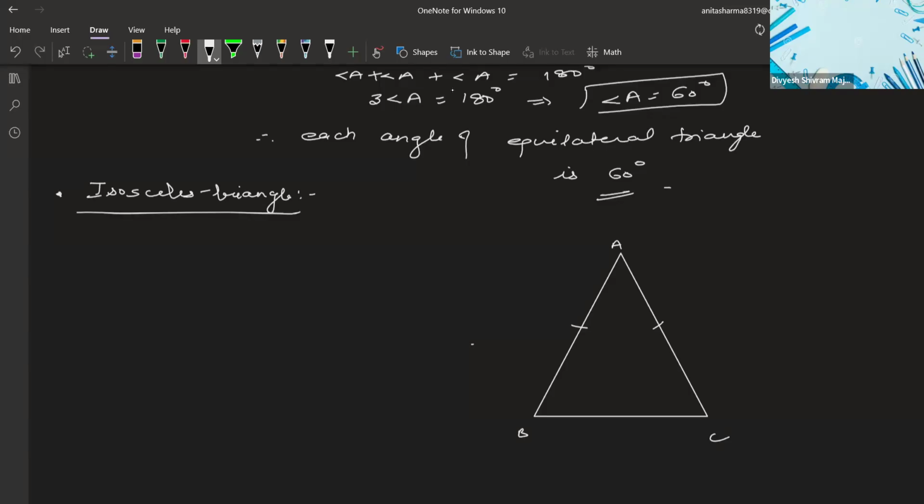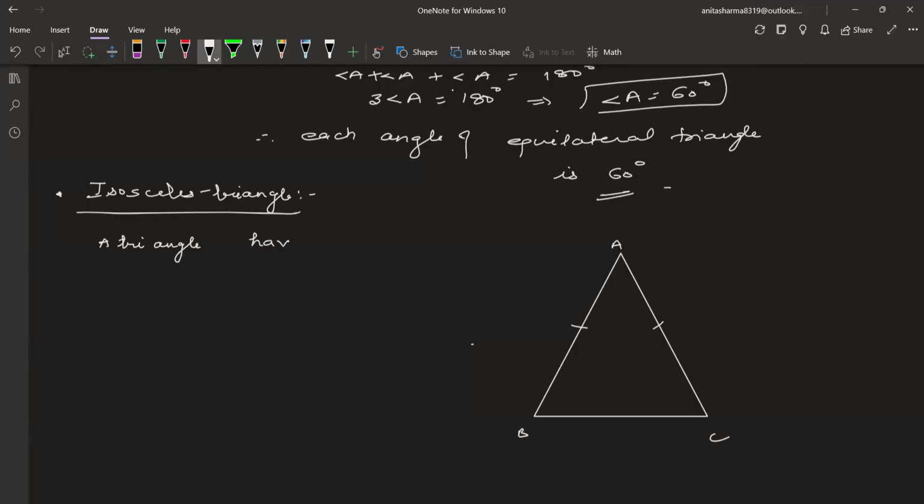So a triangle having two sides equal is called an isosceles triangle. Ma'am, that means two angles are also equal. Yes, beta.